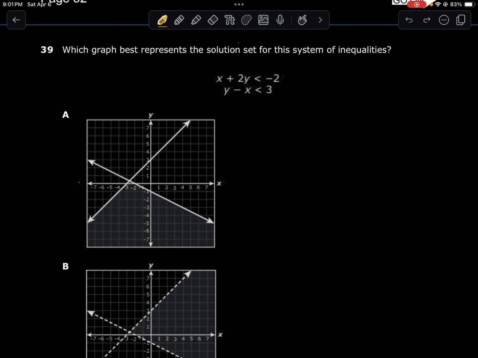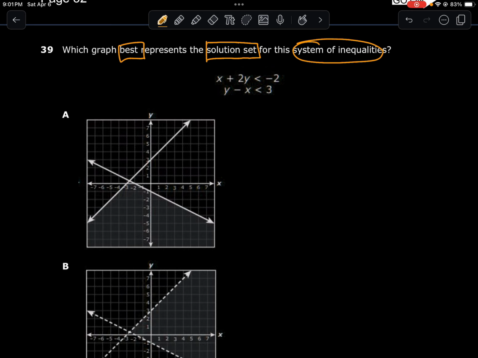39. Which graph best represents the solution set for this system of inequalities? Lots of keywords. We have a system of inequalities. If it was just one inequality, the solution set is a lot of points.